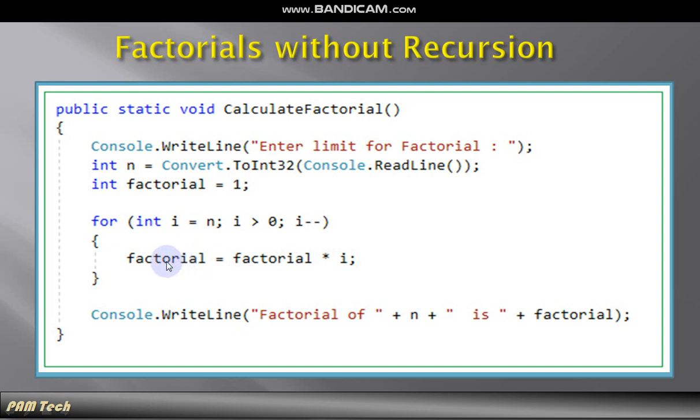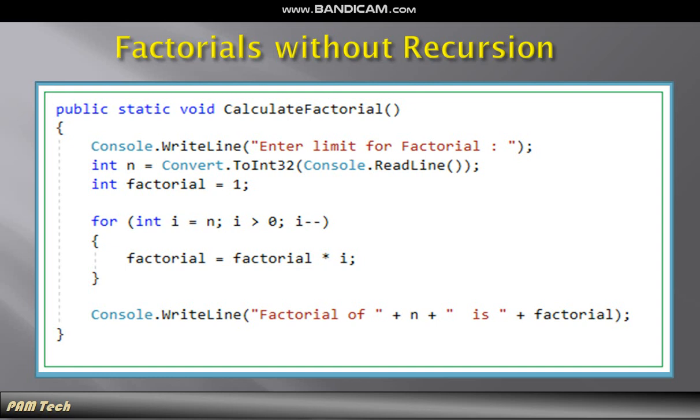Finally I'll get the factorial in this local variable, and I'll display the same value to the console window. One thing we need to note here is that the initialization of the variable is 1. If you initialize it with 0, the final output is going to be 0 because we have a multiplication here, right? This is a simple program to demonstrate the calculation of a factorial without recursion.